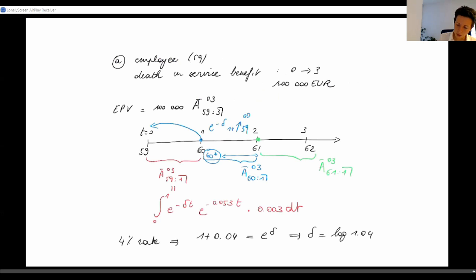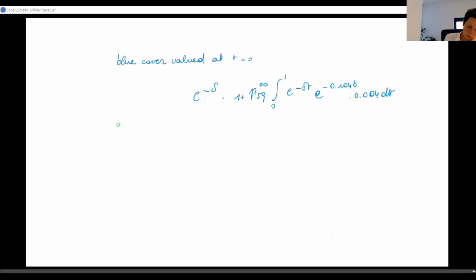Of course, that would be the value of the green cover at time 2. If I want to value this at time 0, I will have to multiply with e to the power minus 2 times delta, and then the probability 2p5900.